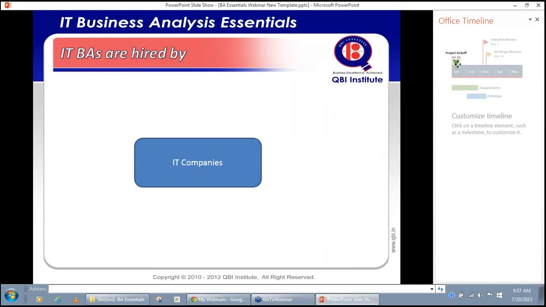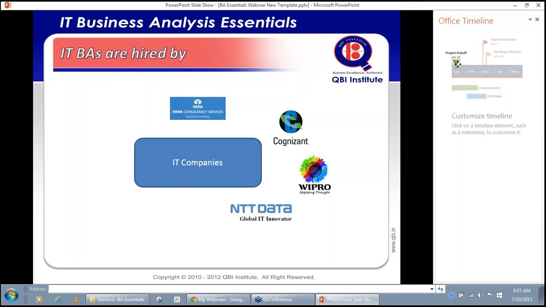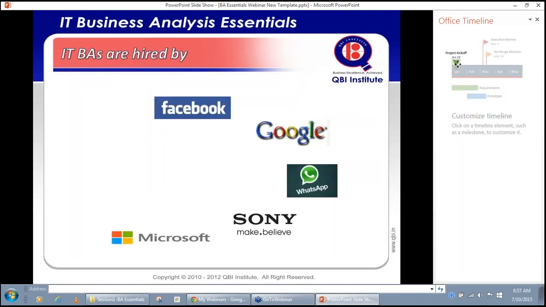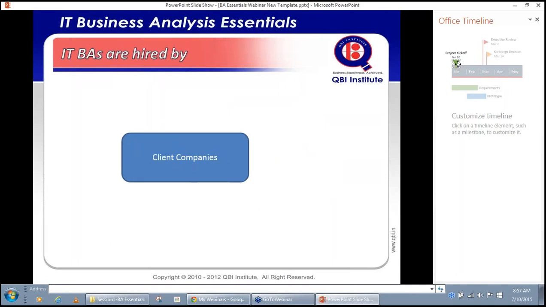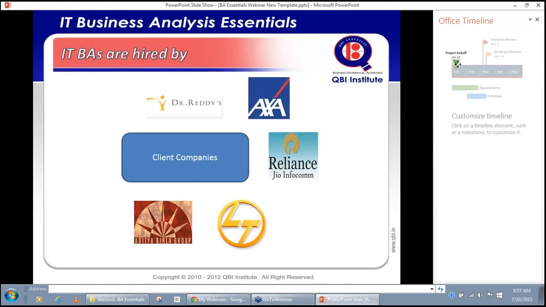So you see, IT business analysts are hired by IT companies, companies like TCS, Cognizant, Wipro, NTT Data, Infosys. IT BAs are hired by product or platform companies like Facebook, Google, WhatsApp, Sony, Microsoft. IT business analysts are hired by client companies, companies like pharmaceutical companies, insurance companies, telecom companies, construction companies, mega conglomerates.